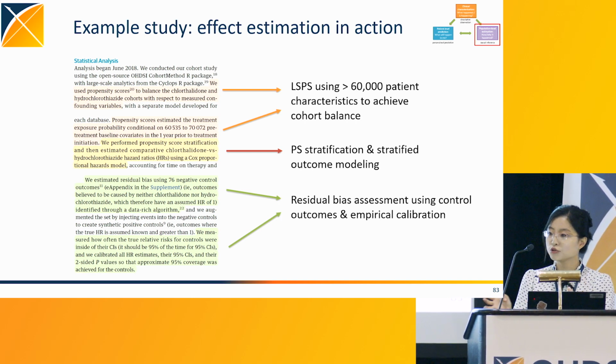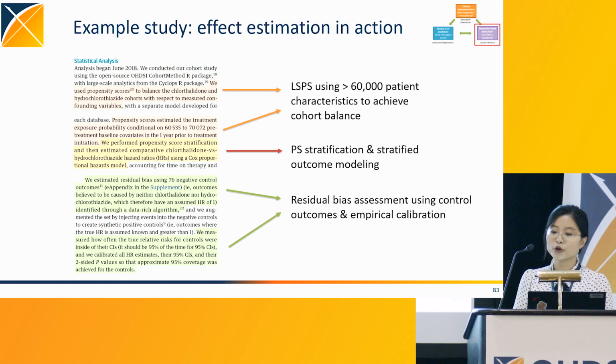That's a huge set of covariates, a huge set of information. And we use propensity score stratification. Given the stratification, we do stratified modeling for the outcome, specifically using a Cox proportional hazards model for survival analysis.